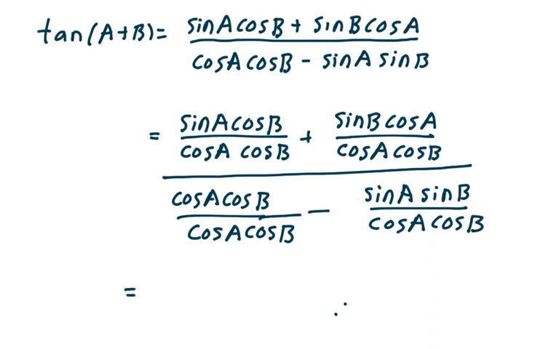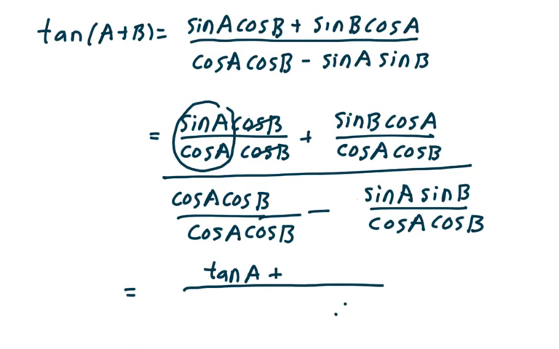Now, I want you to notice something. In the numerator, notice how the cosine B's cancel, and sine of A over cosine of A, remember in the last video, we established that that was tangent of A. Okay?